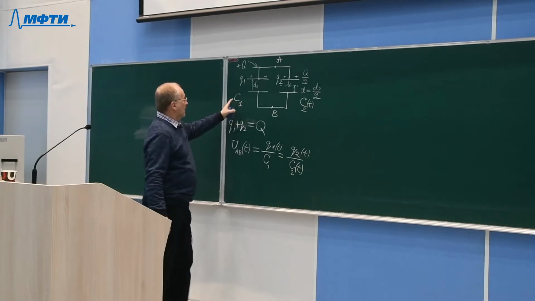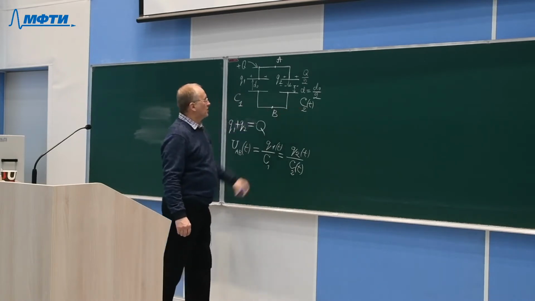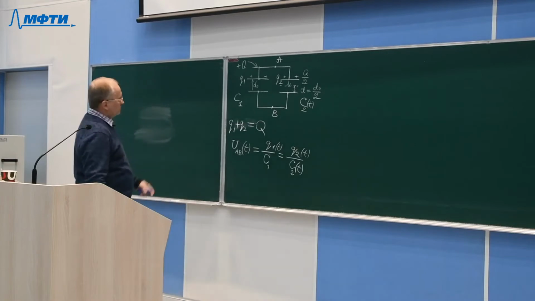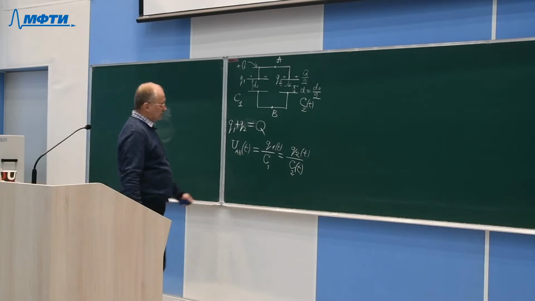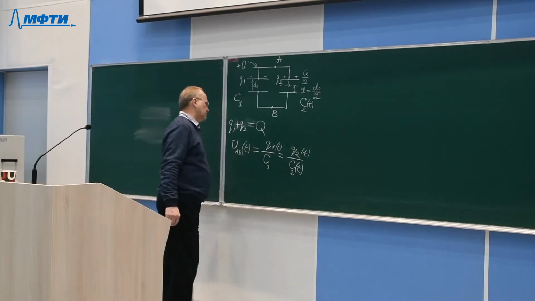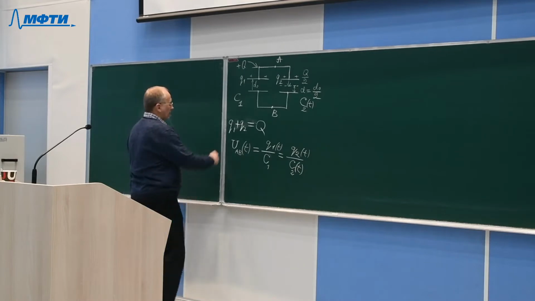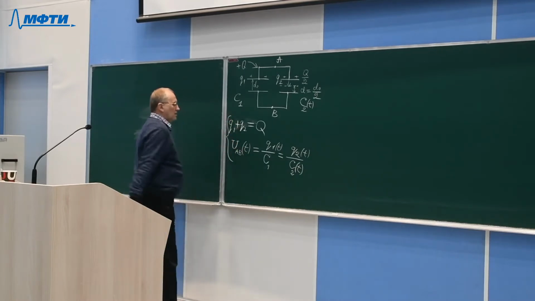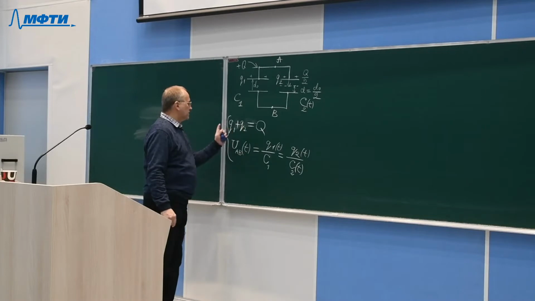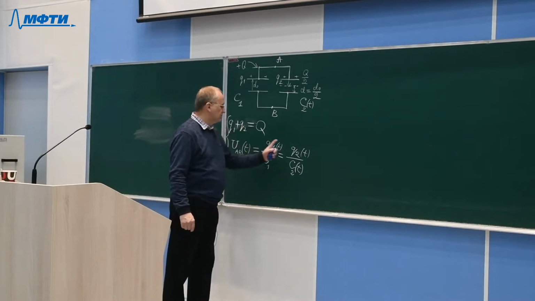So that will be C1 and that will be C2. And C1 remains constant in time while C2 is changing. So we have two equations with two unknown quantities, Q1 and Q2.